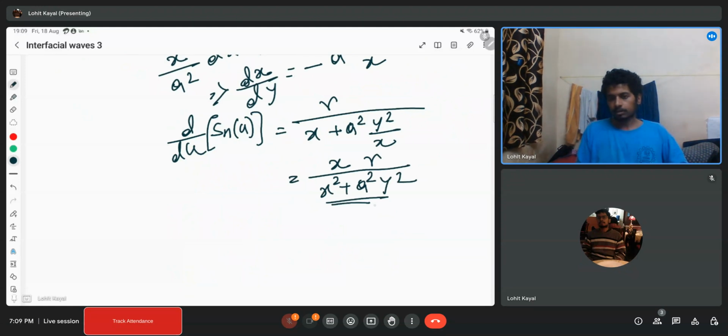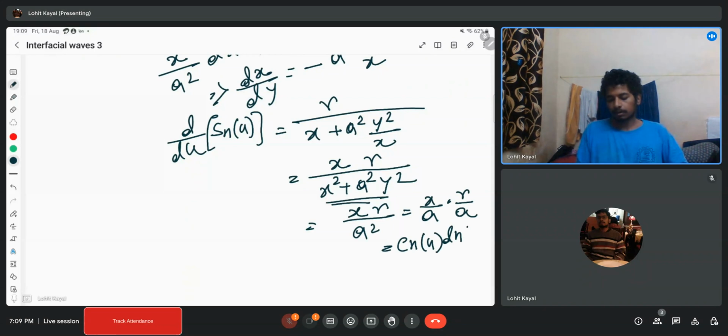Now from the equation of the ellipse, you will get that it is r by x squared equal to x by a into r by a. So it will be cn(u) multiplied by dn(u).